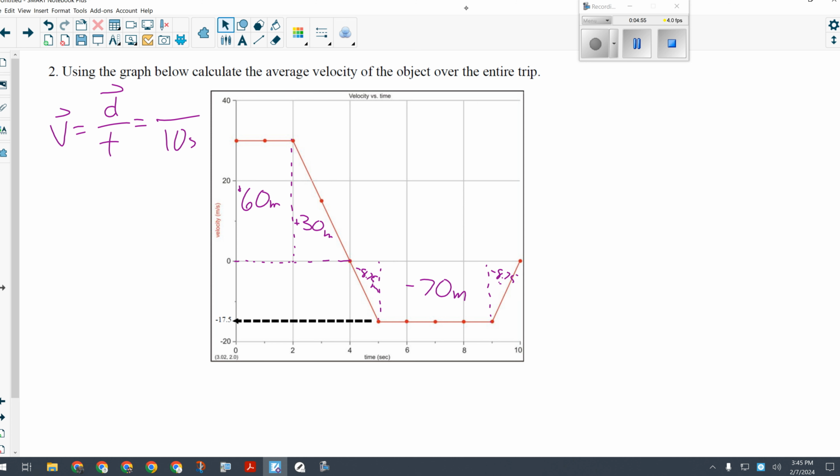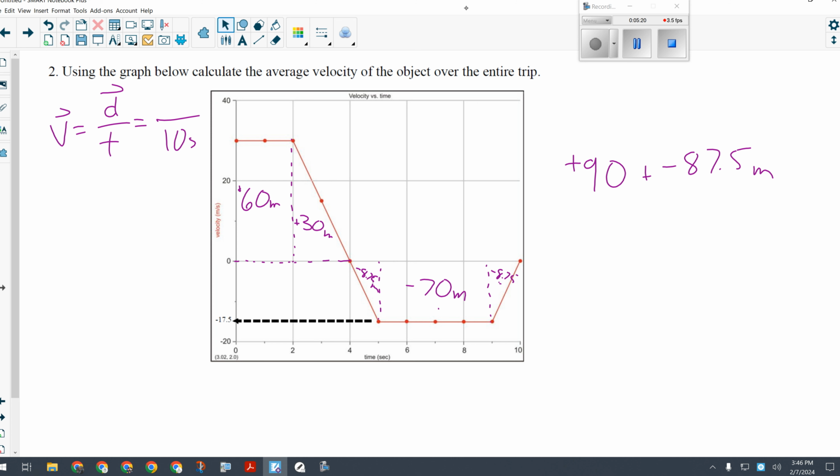Now if I want to get the total displacement, I've got to add all those up, keeping the vectors in mind here. So I'm going to have positive 90, plus negative 87.5, because that's 70 plus 17 and a half.